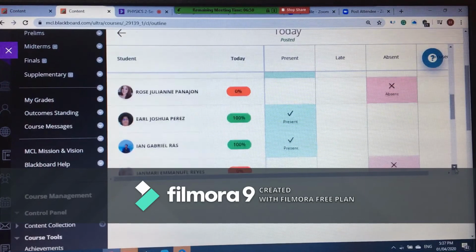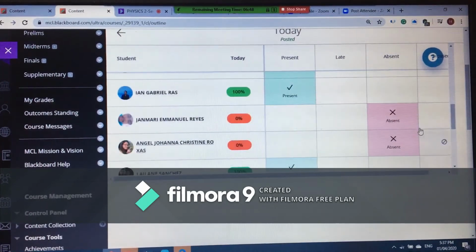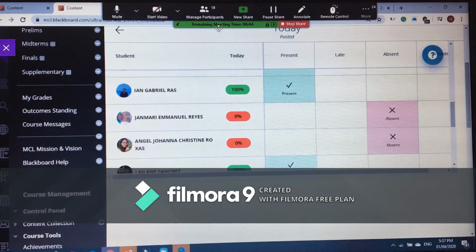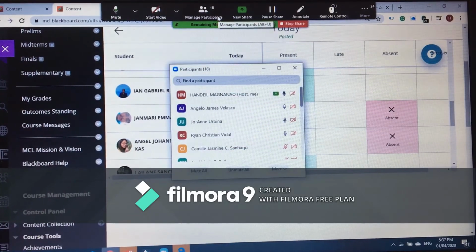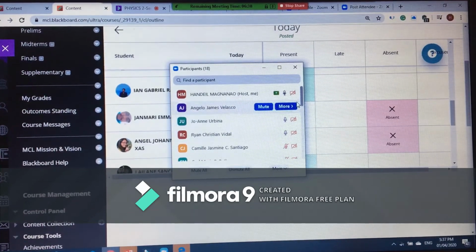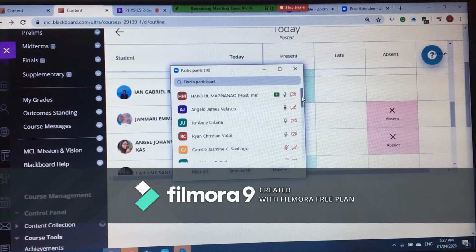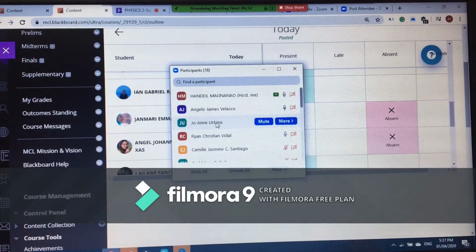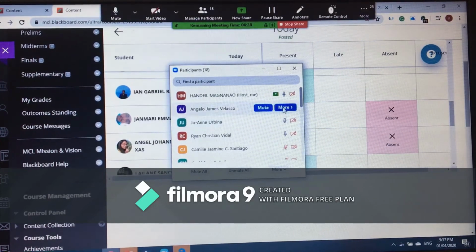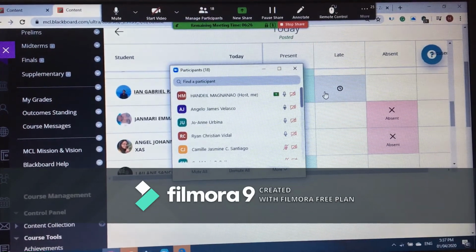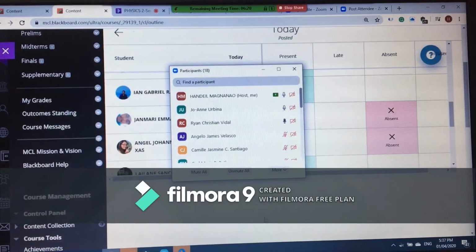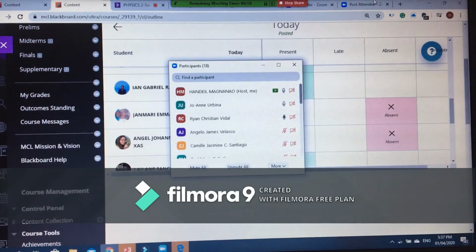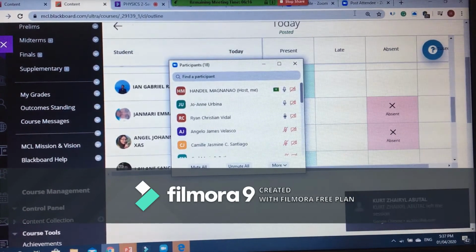Pero andito po siya, nag-type po siya sa Zoom po. Nag-type siya sa Zoom. Sige. Wala man si Orbina dito. Wala na. Urbina, present. Orbina. Where's Orbina? Wala din siya dito. Okay, class. Thank you very much. I'll have another class after this.